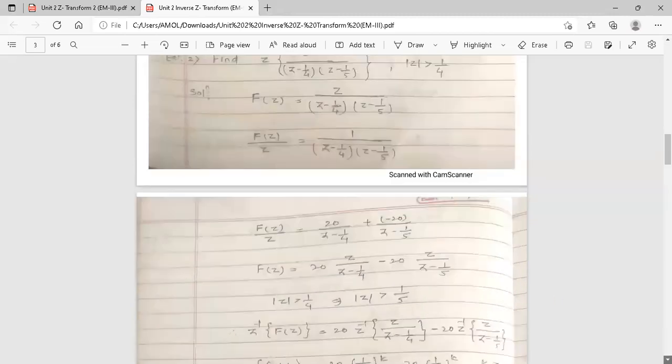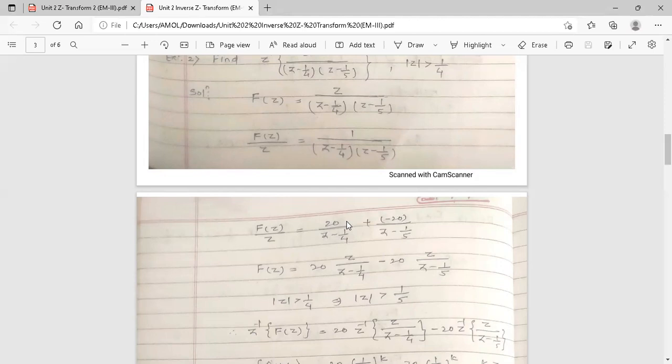Now you separate these two terms, z minus 1 by 4 and z minus 1 by 5, using the partial fraction method. The arbitrary constants for both the terms are different. For the first one it is 20 and for the second one it is minus 20. We know how to separate two factors using partial fraction. We have already studied the partial fraction method in 12th standard.